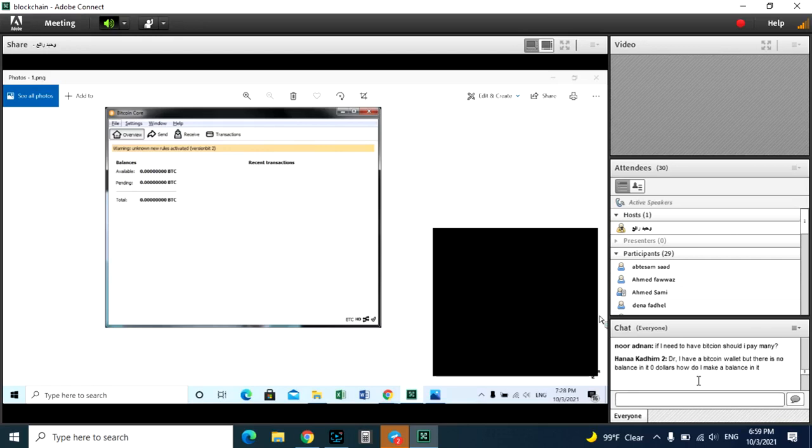Also you should have a proper connection by which the Bitcoin Core downloads the blockchain.